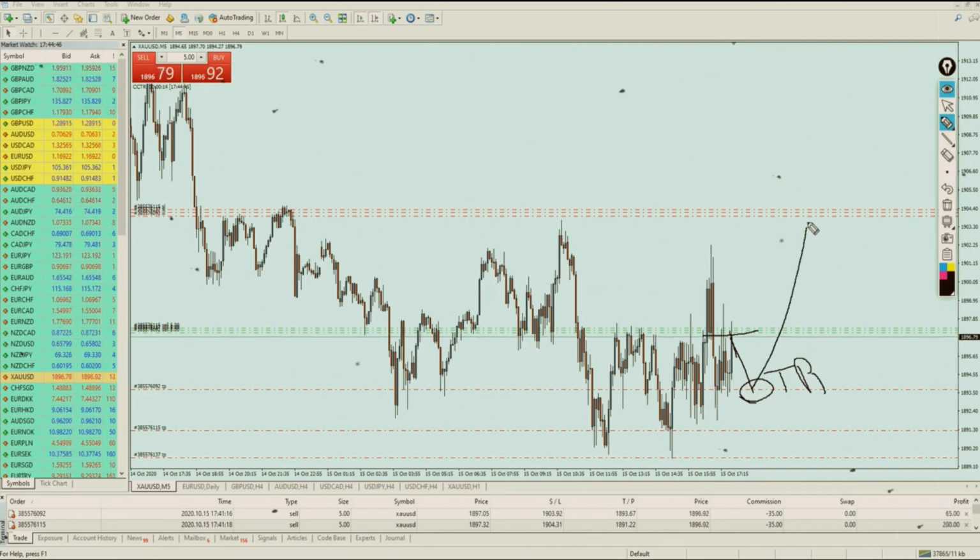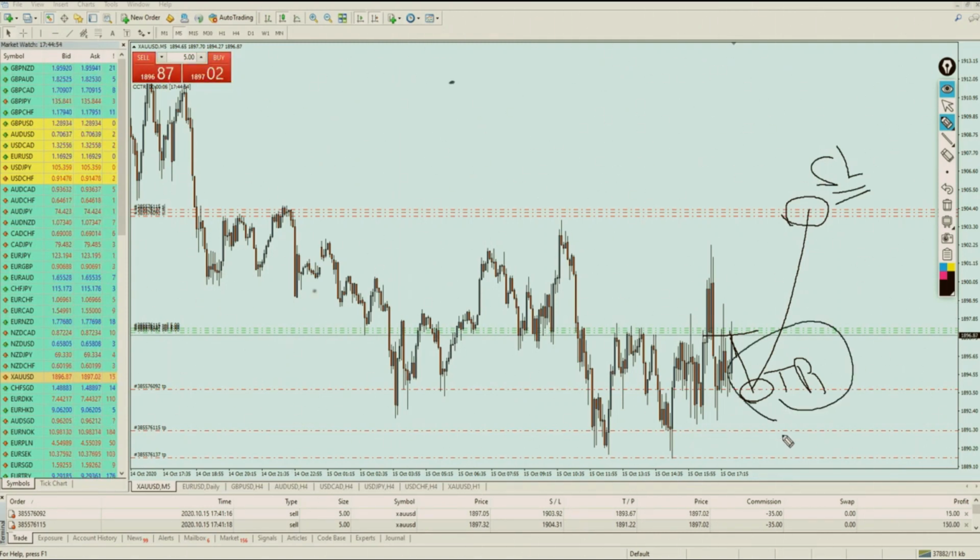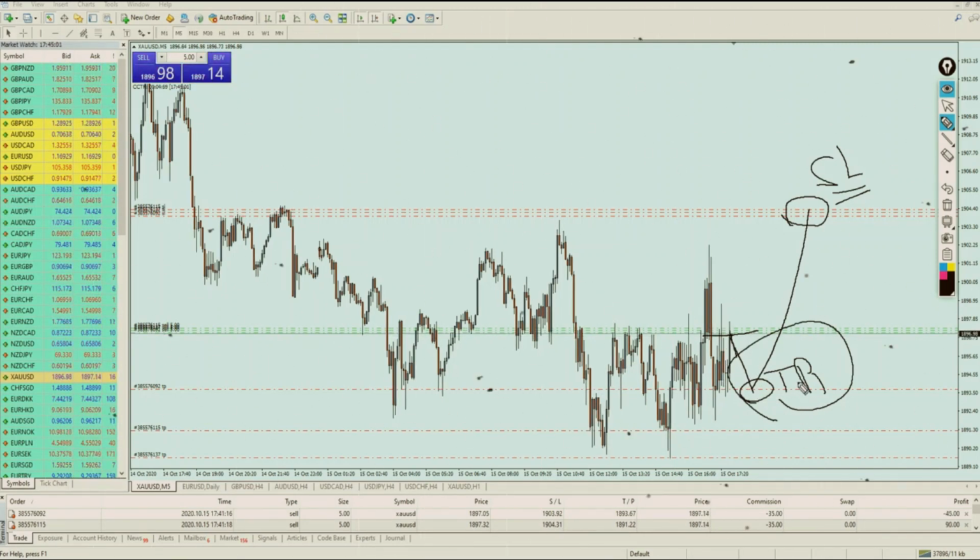Maybe it will rise again and go all the way to the stop loss. In this scenario, what will happen? Nothing. We will take the credit for take profit number 1. Why? Because as I said, in the end, everyone is going to take take profit number 1. Literally everyone who has entered the signal will get take profit number 1.